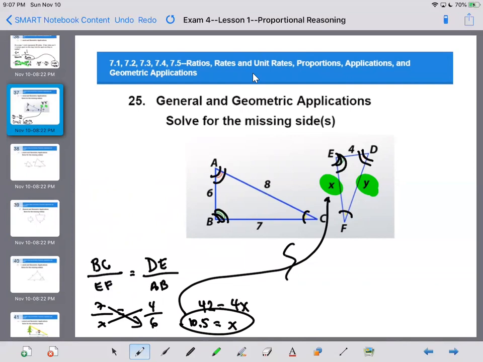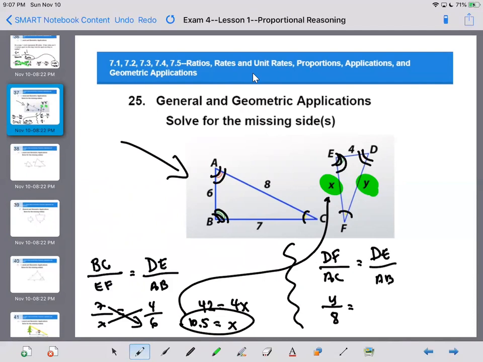Next one, I'm looking for Y. So Y is going to be DF. DF is 2 rings to 1 ring, so I need on this triangle 2 rings to 1 ring, and that's going to be AC. So that's going to be DF would be Y divided by 8 is equal to something that I know. So I want to compare back to DE and AB.